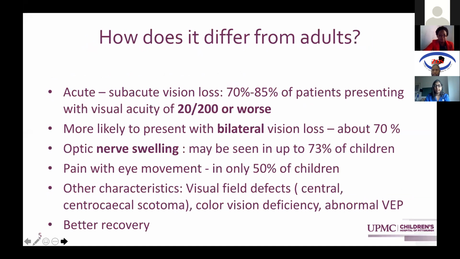Optic nerve swelling or papillitis may be seen in 73% of children, which is uncommon in adults, because in adults the retrobulbar variety is more common. Pain on eye movements is seen in only about 50% of children, as versus more than 90% in adults. And of course, the other characteristics like field defects, color vision, and abnormal VEP.